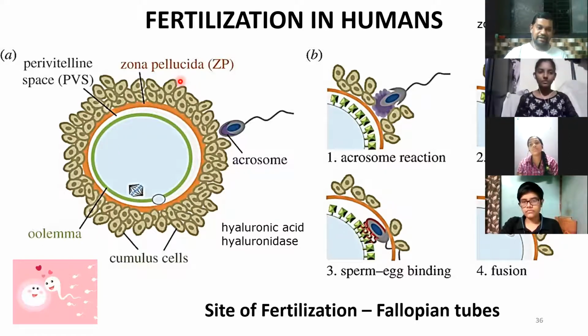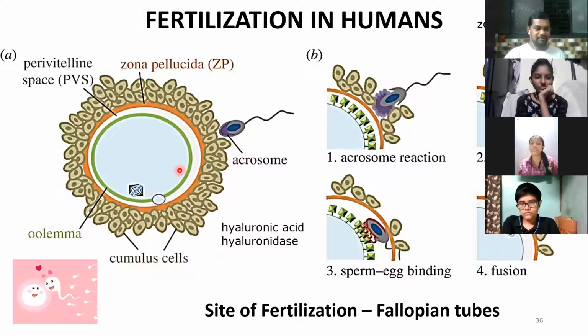So for the corona radiata, many sperms are able to cross it. But the one who crosses the zona pellucida first is the actual winner. तो जैसे ही zona pellucida पार हो गया, secondary oocyte will undergo one more division. And now it is known as the ovum.